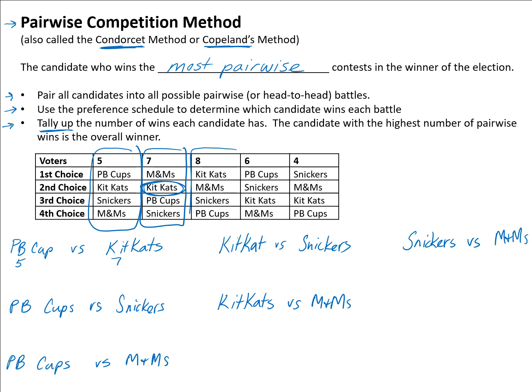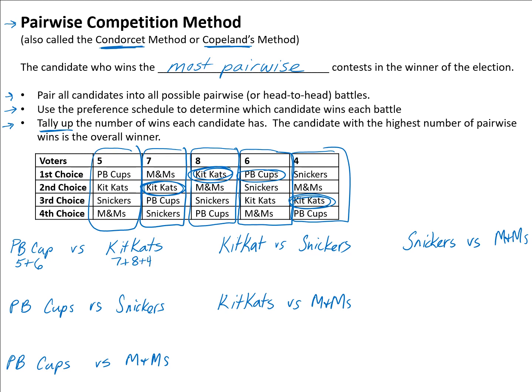In the next column, Kit Kats is at the top, so those 8 people would choose Kit Kats. I'm doing totals as I go along underneath the name of the candy. In the next column, 6 people have peanut butter cups at the top, so those 6 votes go to peanut butter cups. In the last column, we have to look all the way down, but Kit Kats is actually preferred over peanut butter cups, so those last 4 votes go to Kit Kats.